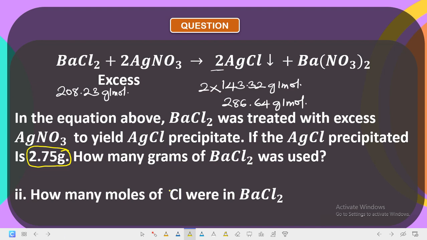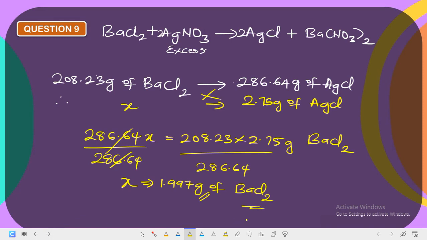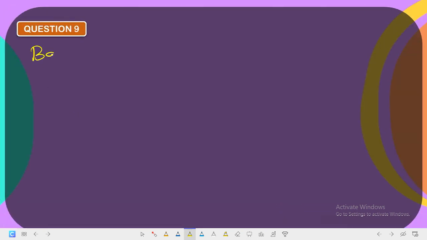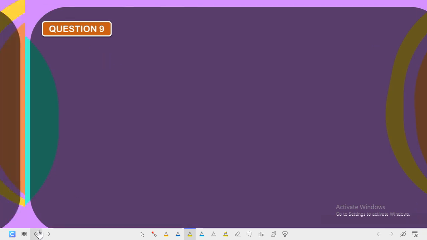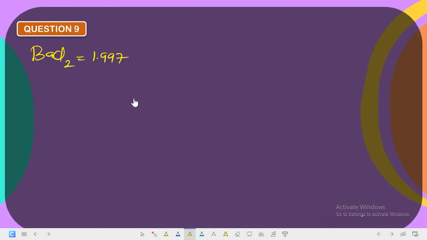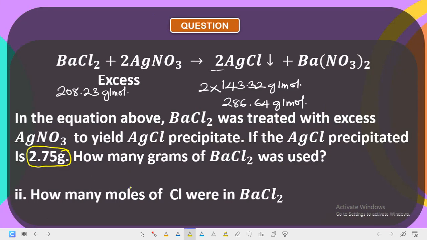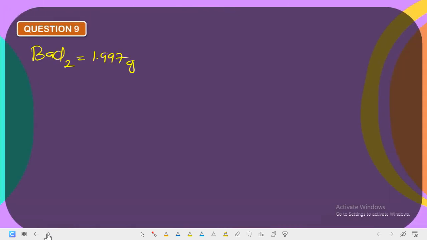Now, for you to calculate the moles of chlorine in barium chloride, you must calculate the mass of chlorine in barium chloride. Now, you are not going to write the given mass. The calculated mass of barium chloride from this equation is 1.997 gram. Now, how many chlorine atoms are in barium chloride?